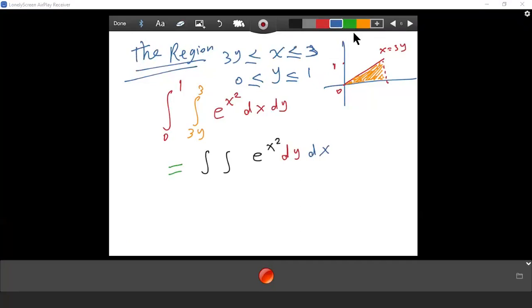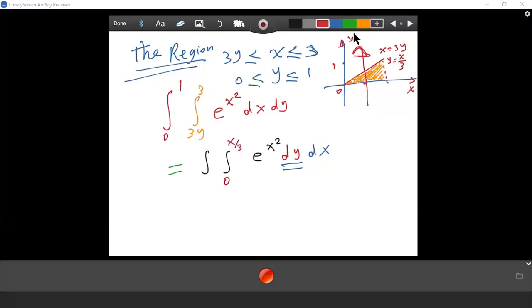Now I have to find the boundary of y first, right? I go from down to up. You hit first the x-axis, so at the x-axis, y equals 0. And then you hit this line, x equal to 3y. But I'm looking for y, so y equals x over 3.